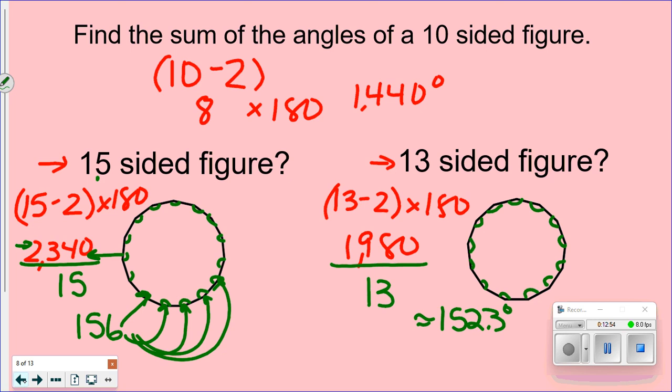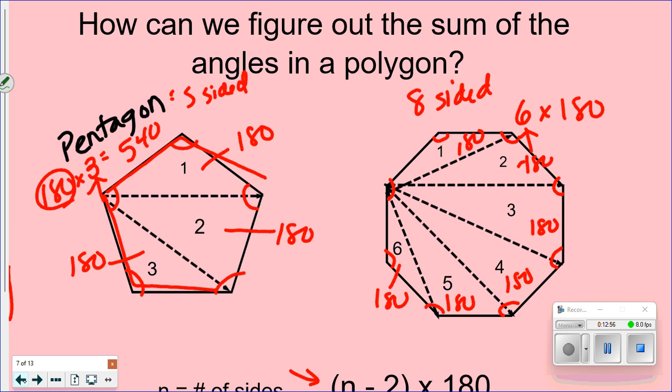So let's go back to the octagon. We know the octagon, I think, was 1,040 or 1,080, my bad. Okay, so all together was 1,080. That's all these added together.